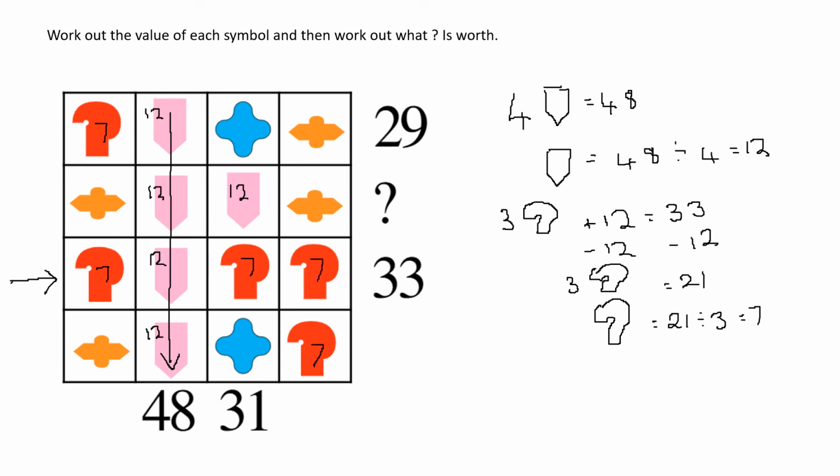So now I want another one. So now I want a red question mark, a pink pennant, and one other symbol. So if I have a look at this row going down here, I've only got blue cross, pink pennant, and red question mark. So 2 blue crosses plus 1 pink pennant's worth 12, plus 1 red question mark is worth 7, and altogether that's going to give me 31.